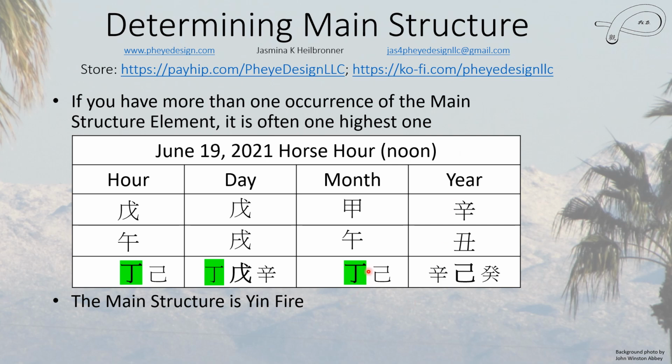The main structure is yin fire because it's a horse month. And on Joey Yap's website, he listed it at 98%, which is really, really high, potentially unhealthy high, but you would have to look at the whole chart to know whether or not this is really healthy or unhealthy, and I did not do that.